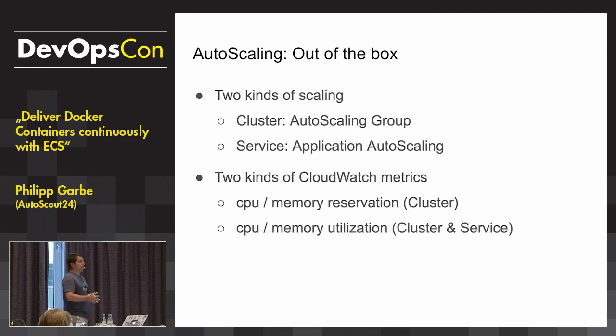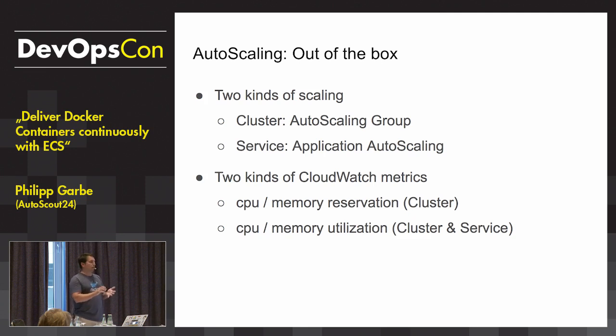For the cluster, I get 2 additional metrics out of the box: the reservation for the memory and the reservation for the CPU. So when the ECS scheduler looks at the task definition, it looks at how many CPU shares you want to have, and also how much memory you need, and this is then your reserved capacity.